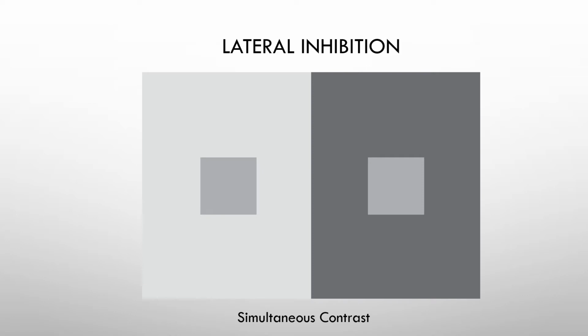And what's happening here is the one on the left has a lighter background that it is on, and so that lighter background is sending more inhibition laterally, causing that middle square to appear darker.